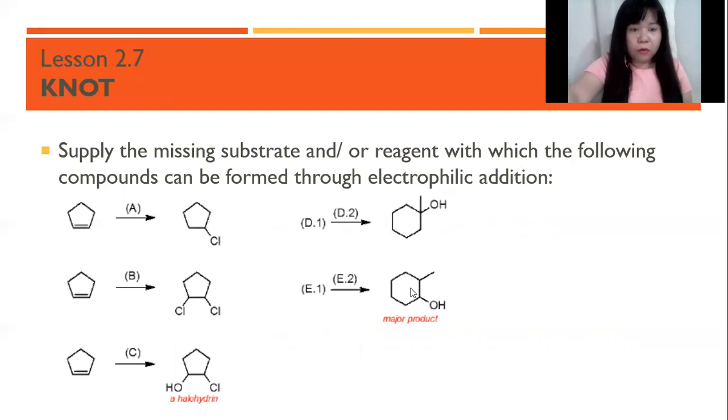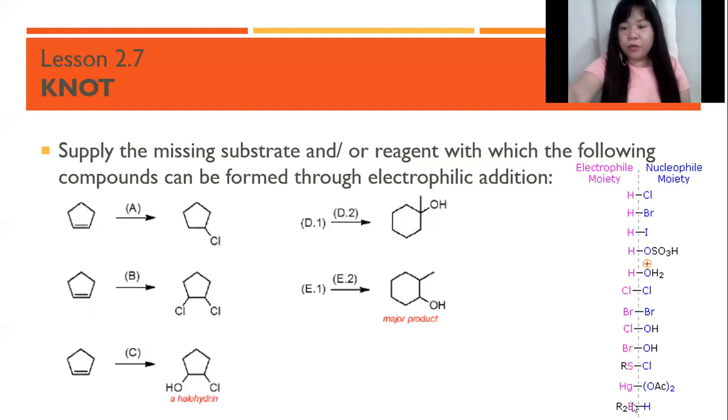So you're asked for here the reagent for letter A, the reagent for letter B, the reagent for letter C, and here both the starting material and the reagent for letter D, and both the starting material and the reagent for letter E. So I would like to show again this table or a list of examples of the different reagents for electrophilic addition, where the electrophilic moieties and the nucleophilic moieties are described or enumerated.